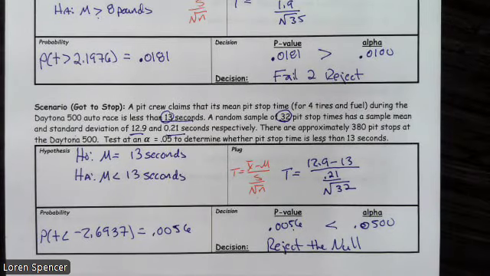So all the conditions were met. Everything was done correctly. So you can run the test correctly and still have an error. And the reason that can happen is because of random chance. If you put your hand in a bag and draw 30 names, the 30 names that you draw are probably different than the 30 names that I draw if there were like 1,000 names in the hat.